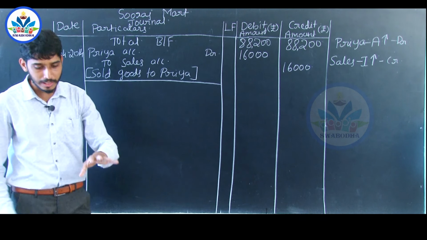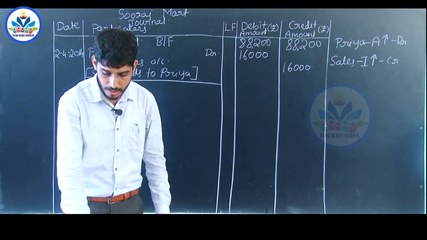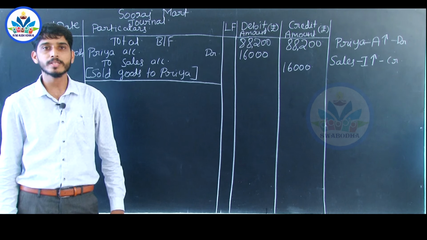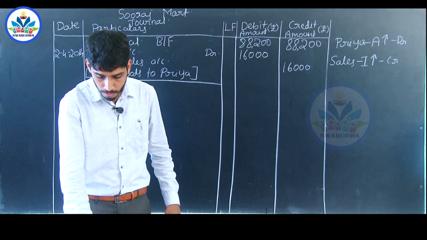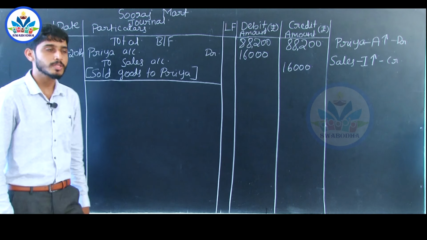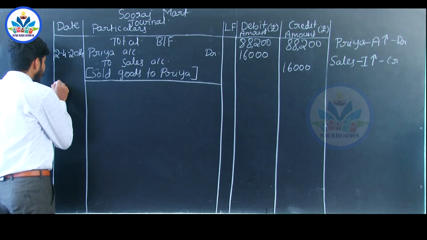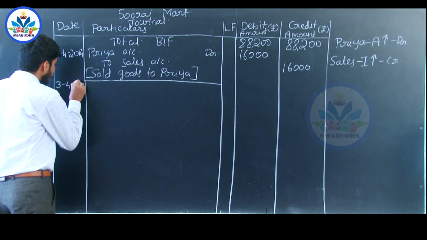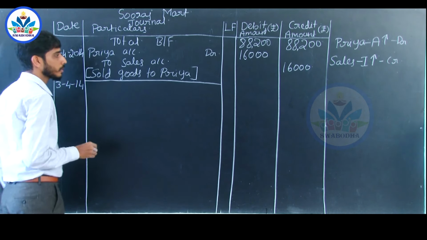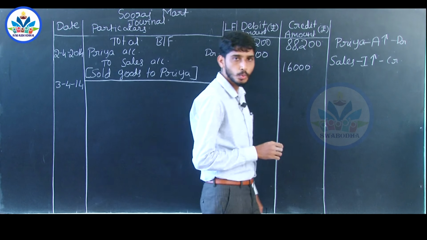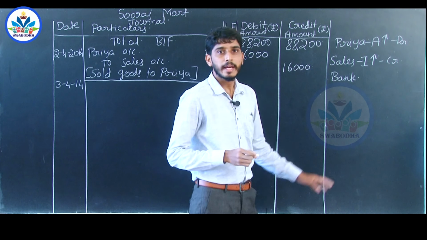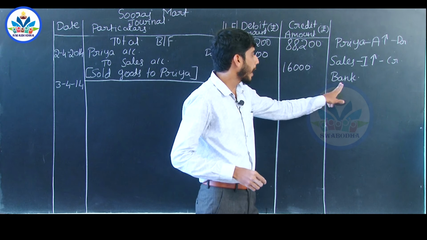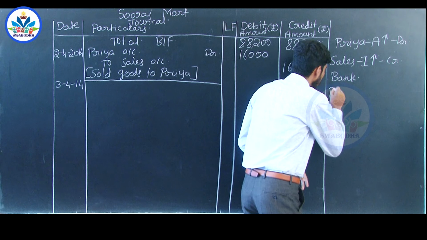Now, in this particular transaction, they have clearly mentioned received a check of rupees 16,000 from Priya on 3/4/2014. So, write down the date 3/4/2014. First, identify which are the two accounts involved. The accounts involved are bank account and Priya's account.